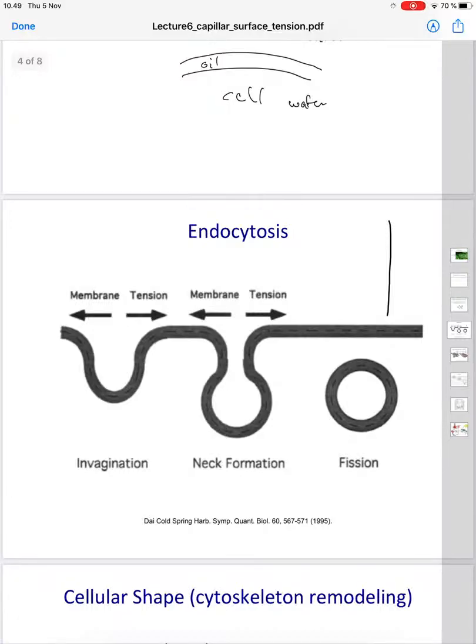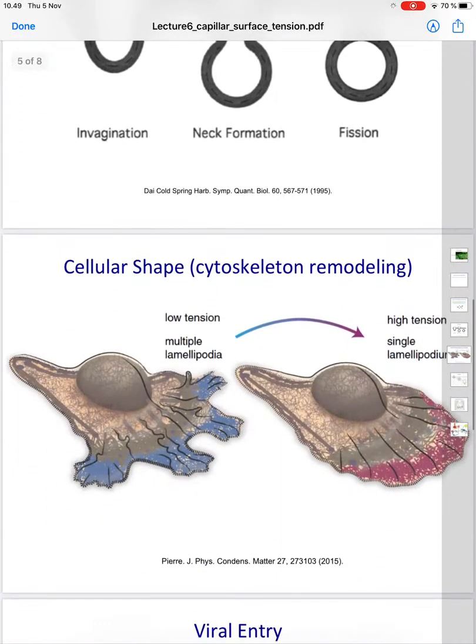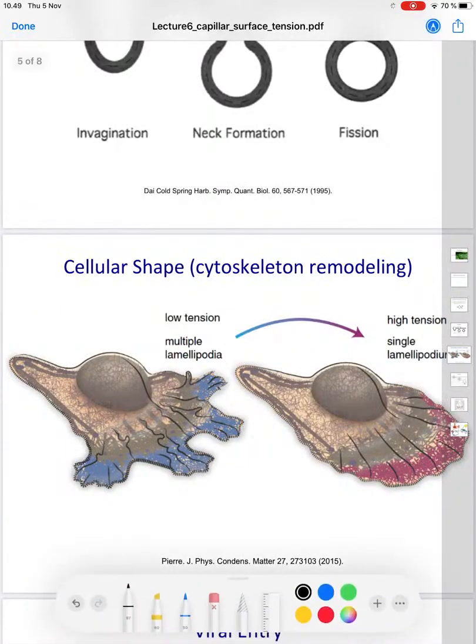So here are some examples. The first is endocytosis, where a membrane vesicle is pinched off the plasma membrane, and this depends on the surface tension in the membrane. Another example is cytoskeletal remodeling. When the membrane tension is low, then several filopodia or lamellipodia can be formed because it does not take a lot of energy to deform the membrane.